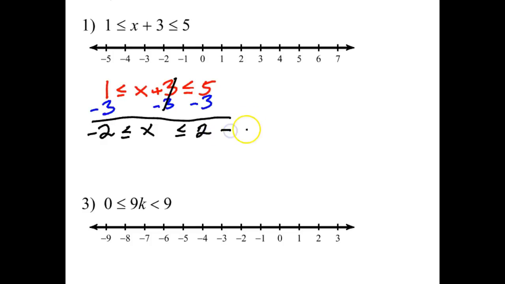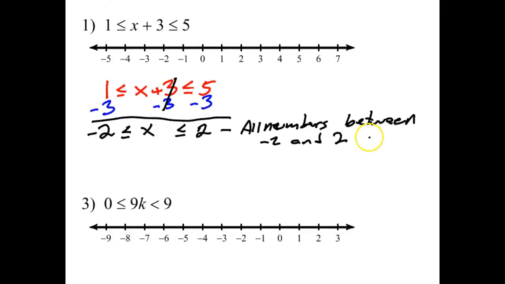And remember, the way you say this out verbally is say all numbers. You don't have to write this, but just so you know how to say your answer properly. All numbers between -2 and 2. And we could use the word inclusive here.